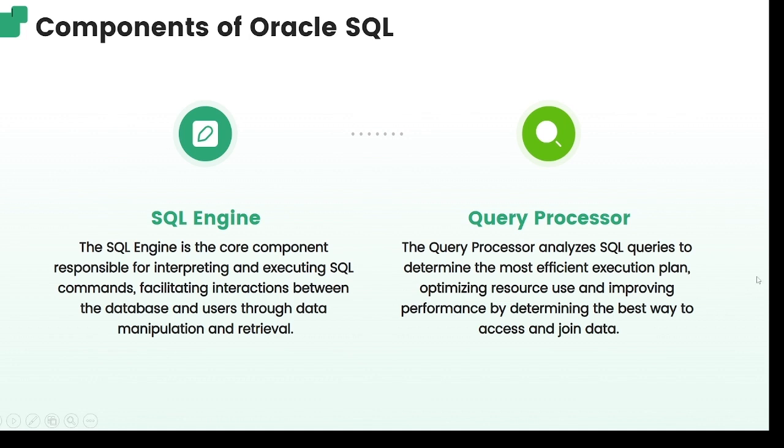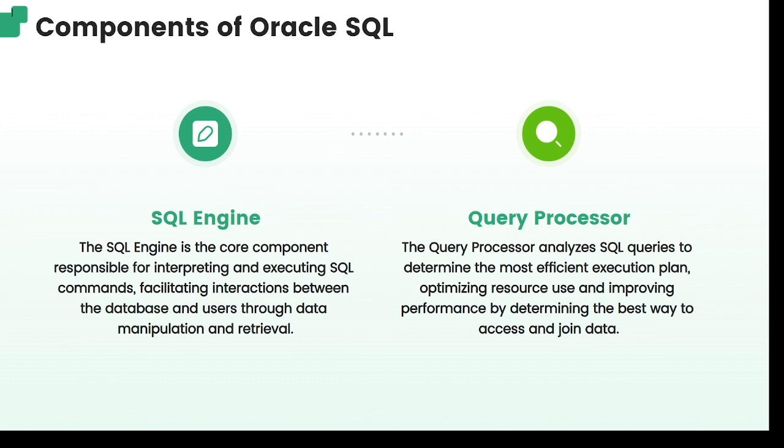The processor evaluates different ways a query could be run and chooses the best possible plan, considering things like performance, memory, and speed. This is especially important when dealing with large tables, joins, or complex conditions.